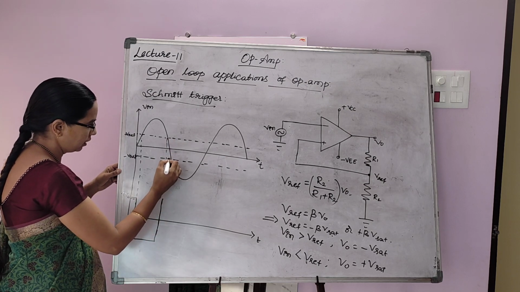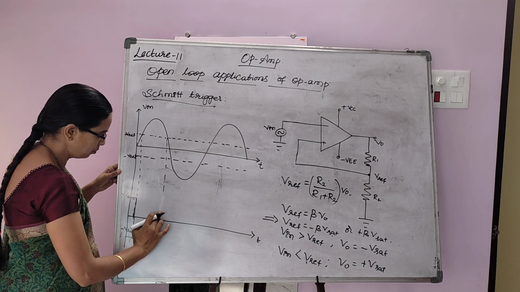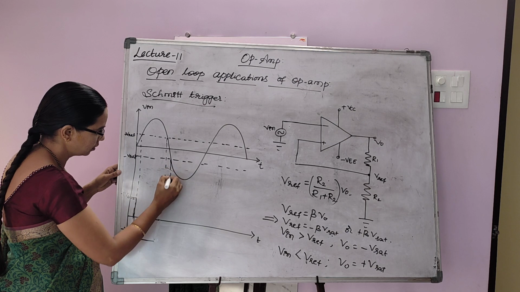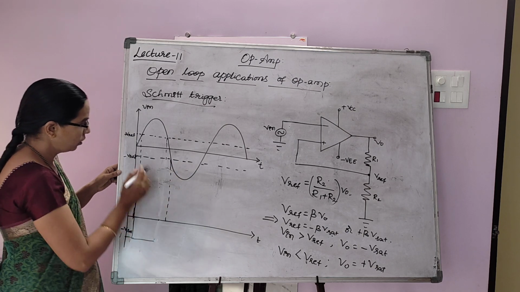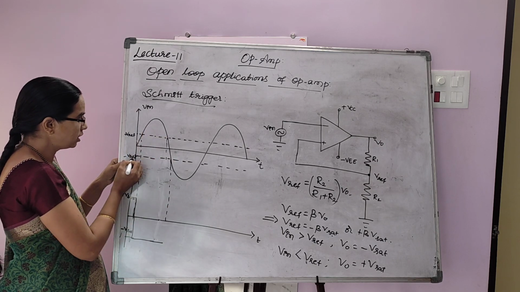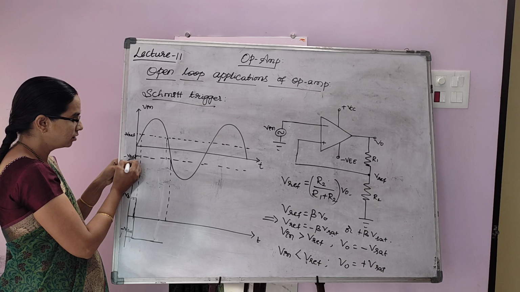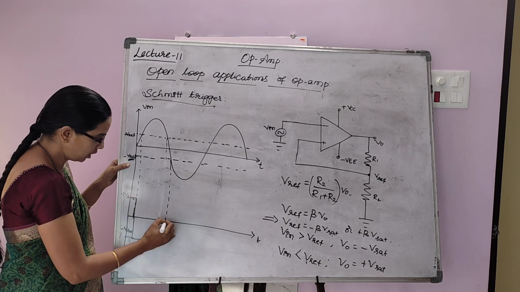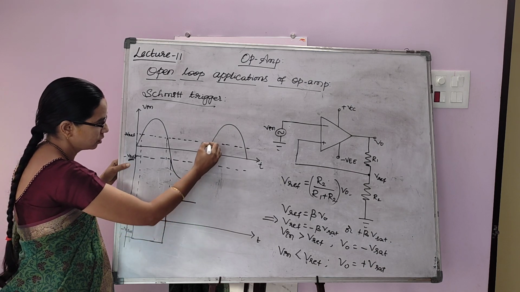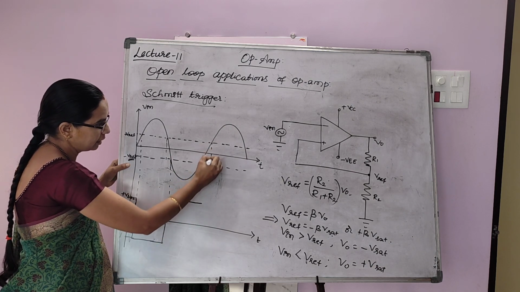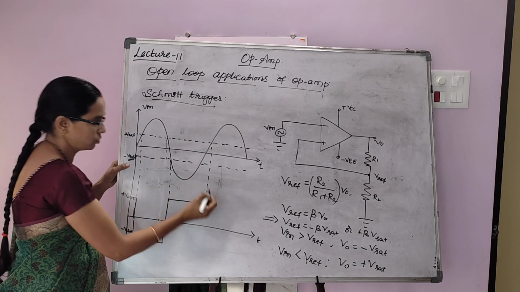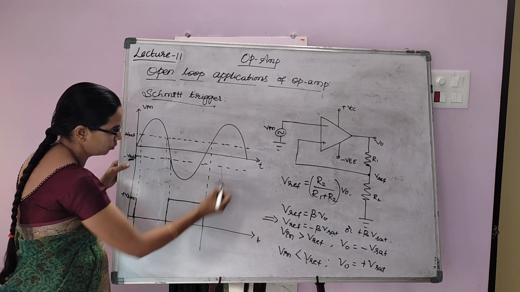It will be in the same state until the input voltage is less than the minus V reference, then it will change its state to positive saturation, and it will remain in this state until the input voltage is greater than the positive V reference. Then again it will go to negative saturation.